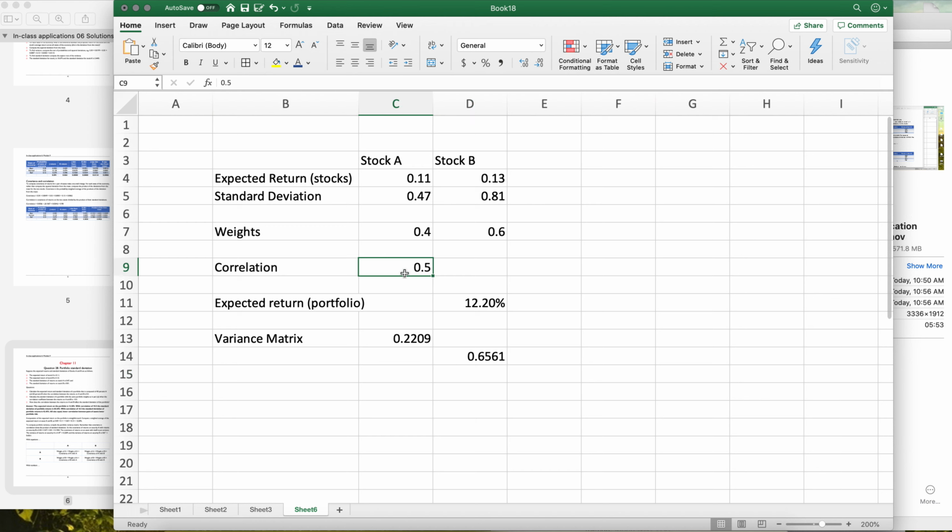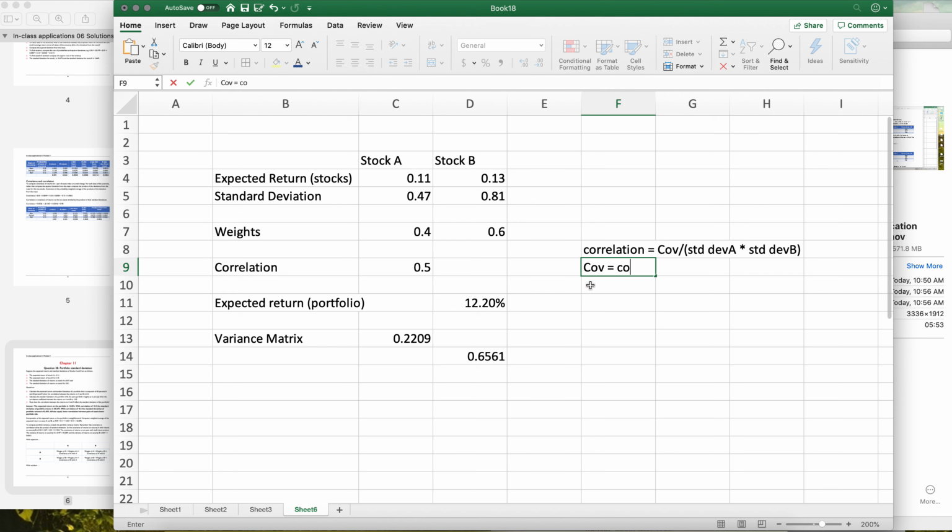So here we have the correlation, and the correlation, let me just write this out. The correlation equals the covariance divided by the standard deviation for A times the standard deviation for B. We have the correlation. What we need to do is rearrange this equation to get the covariance.